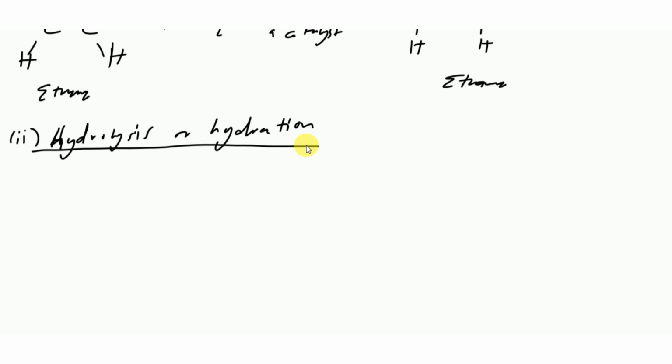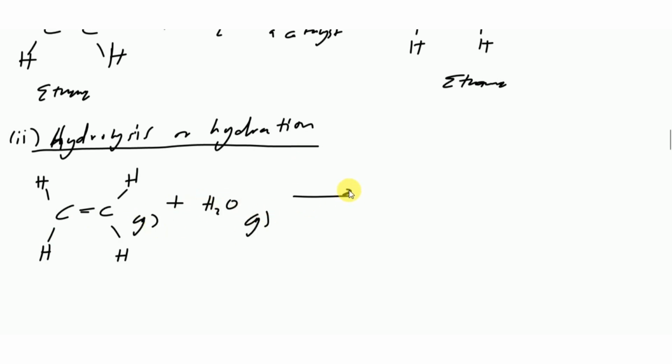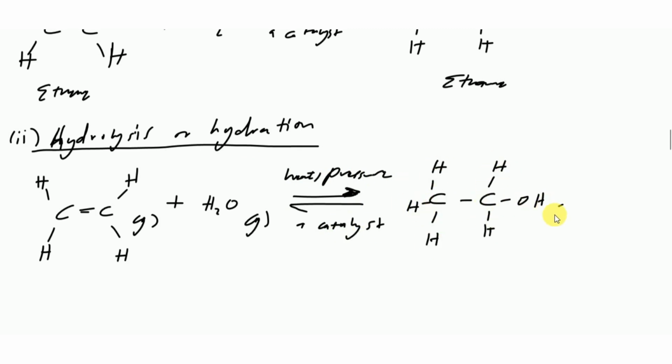So let us take a look at this reaction. So when the alkenes undergo hydrolysis, they're going to produce alcohols, and we have used ethene as our example there.